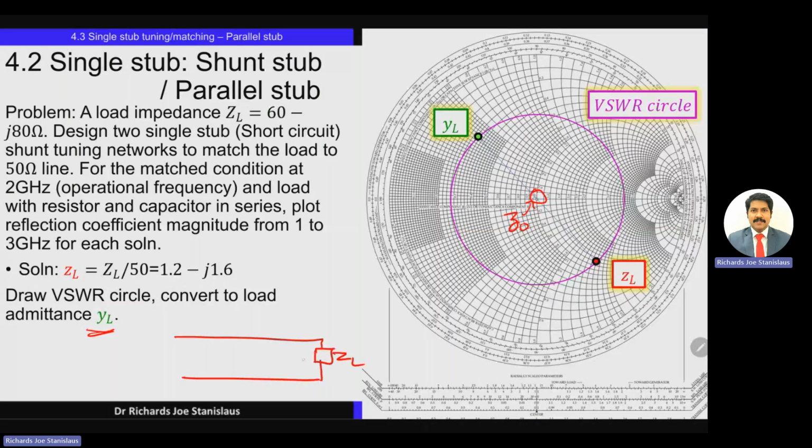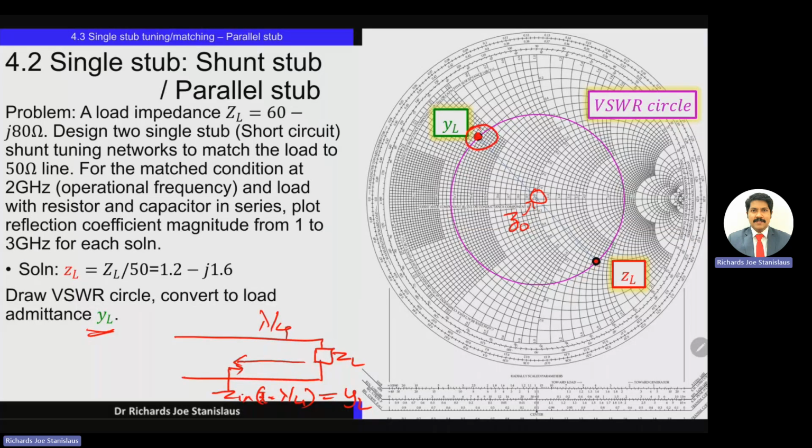As you move along the Smith chart for a distance of lambda by 4, the normalized input impedance at L equals lambda by 4 will be equal to the normalized load admittance, right? So for Smith chart purposes, we have moved to this point where your load's admittance is located.